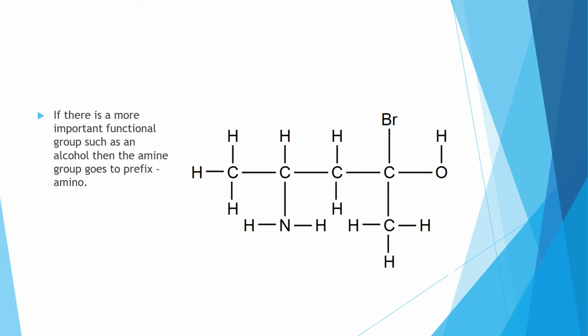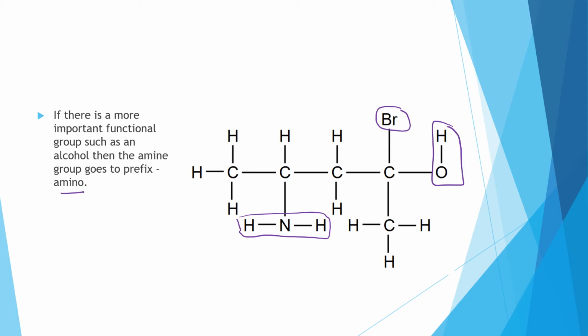If there's a more important functional group than an amine, such as an alcohol or a carboxylic acid or an ester, then the amine goes to prefix, and its prefix is amino. So in this particular example, we have an amine group, we have a bromo group, and we have the alcohol group.